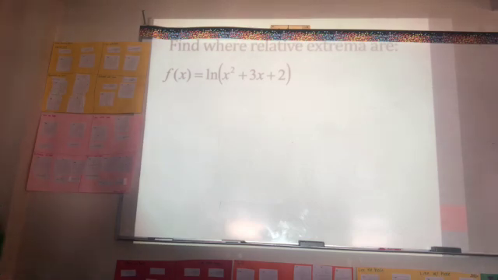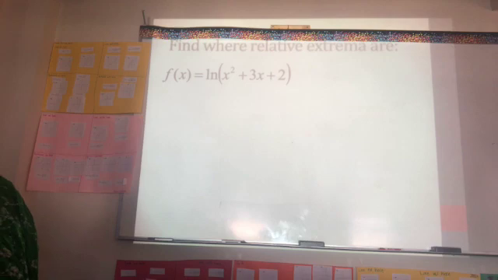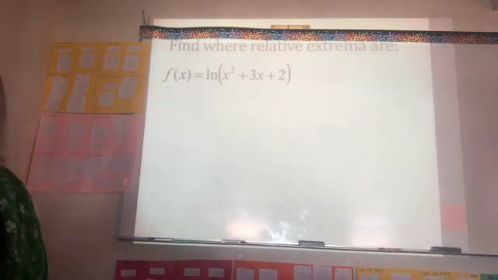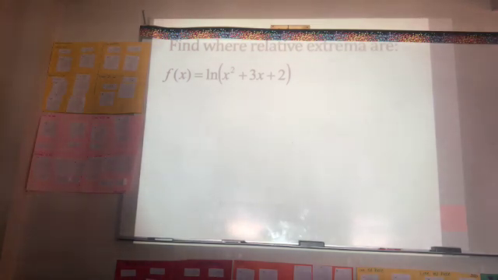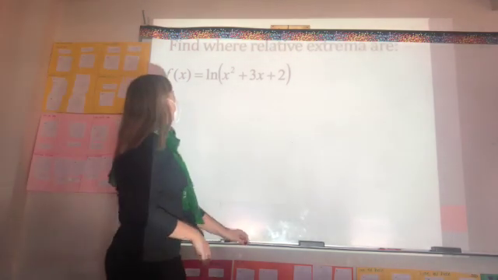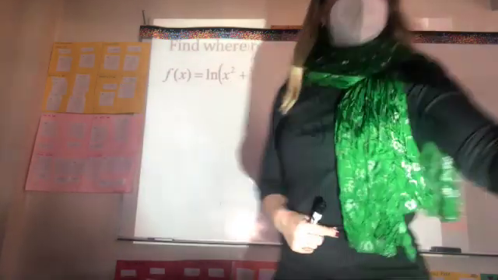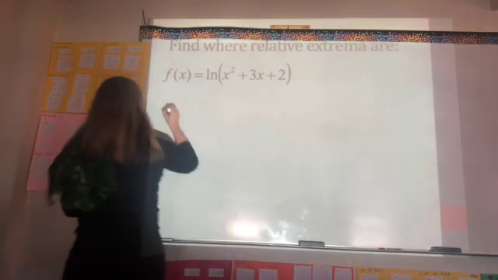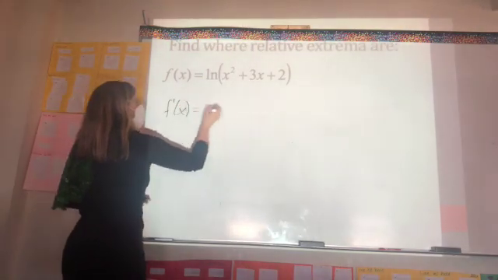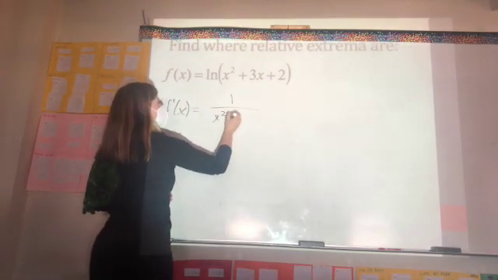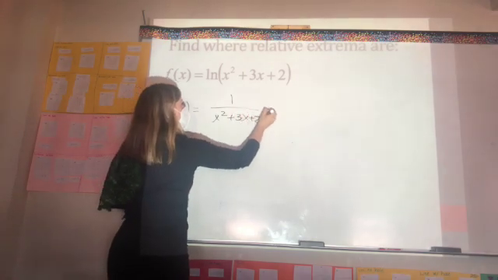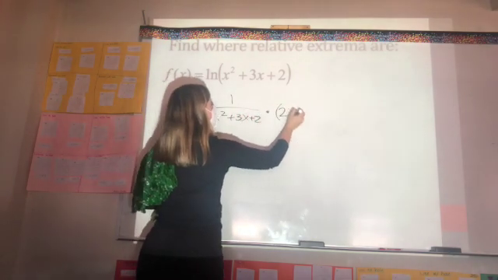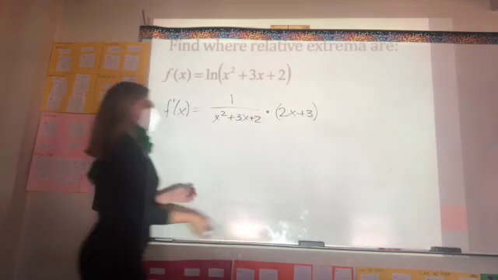Take the derivative. 1 over u, where u is x squared plus 3x plus 2, all of that is u. Then you can just do 2x plus 3.